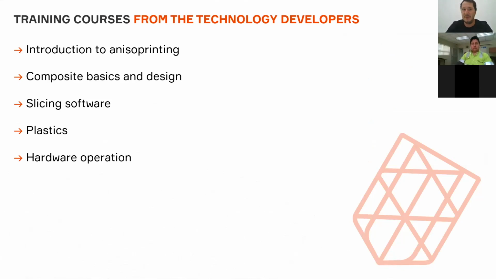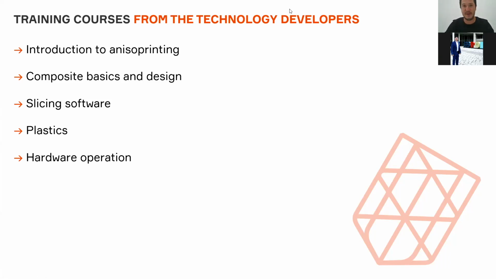The first level, the basic training course, which includes introduction to Anisoprinting, composites, basics and design, introduction to slicing software, different types of plastics and hardware operation, is already available on our new web page for everyone. So everyone can check our new web page and find the section dedicated to the training courses.